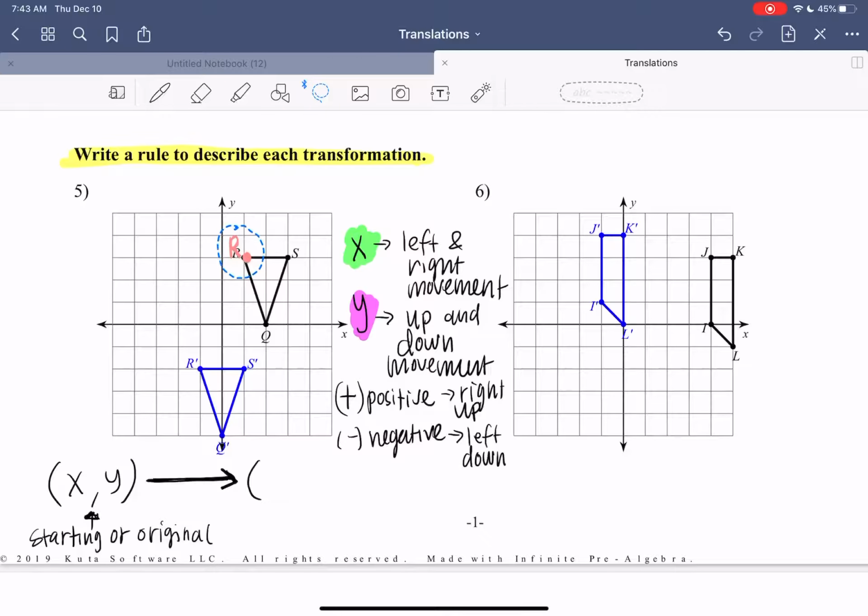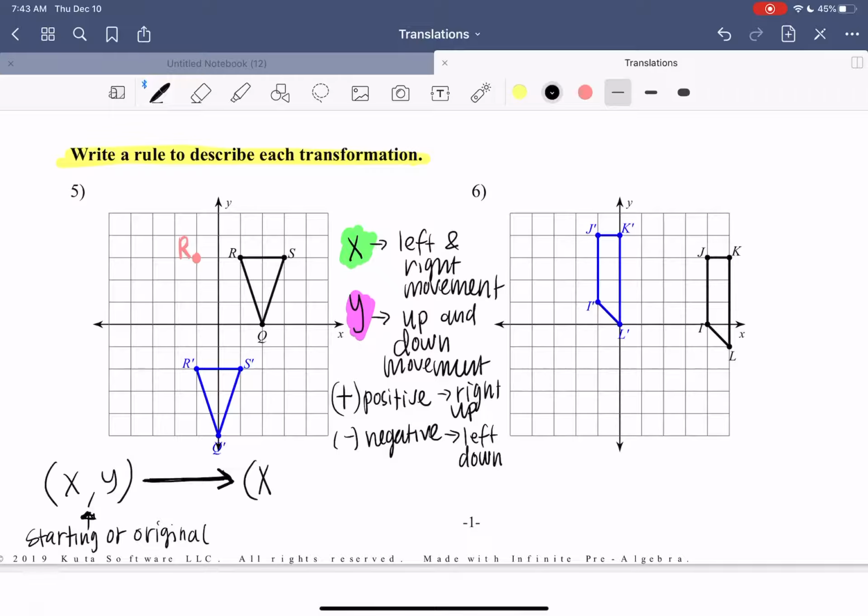We're going to take our original R, and we need to move it 1. Okay, we're not quite there yet. 2. Okay, that takes us right above our R prime. So we moved our X 2 times to the left.